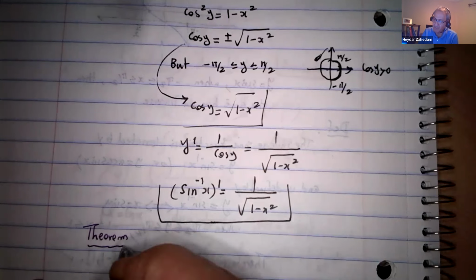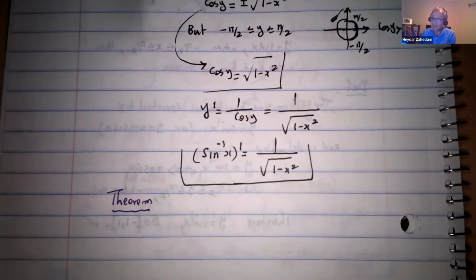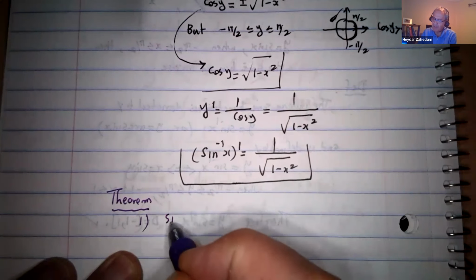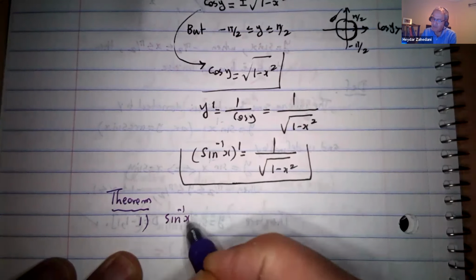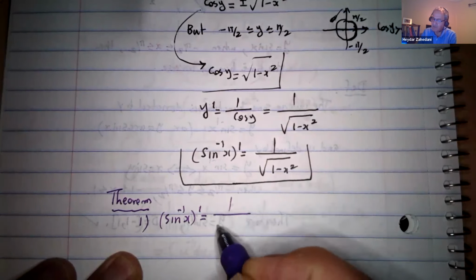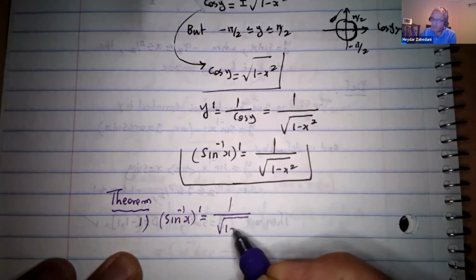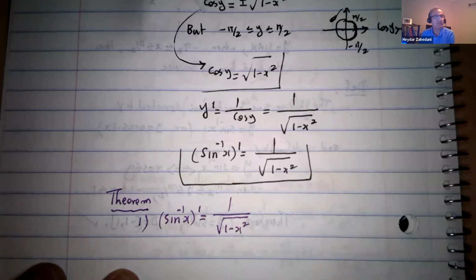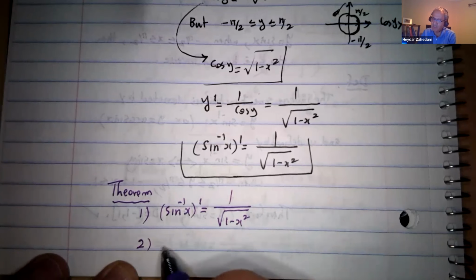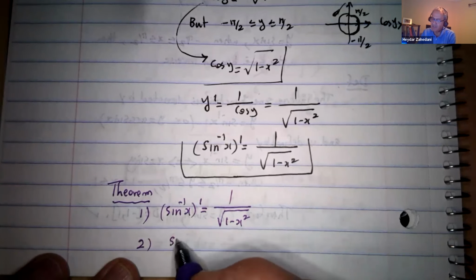Okay, so we can write it down as a theorem. The theorem would be, part 1: the derivative of the sine inverse is 1 over the square root of 1 minus x squared. But if you have a u function, as usual, you have to apply the chain rule.